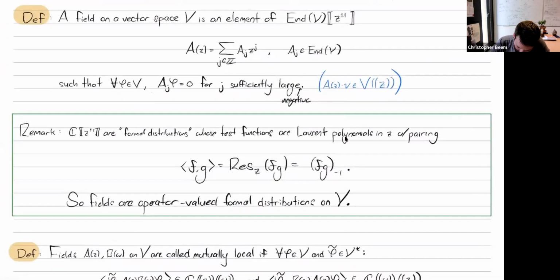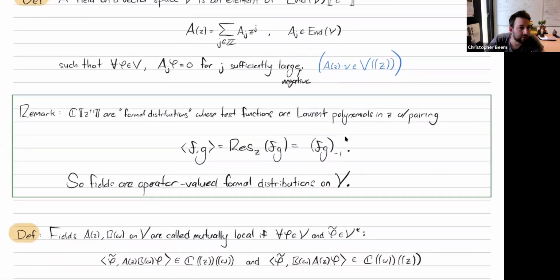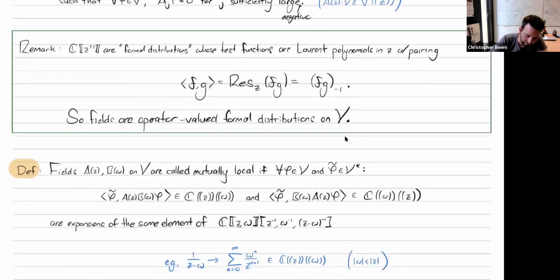Okay. So just as a small remark to observe some spiritual kinship with the careful analysis from Slava's talks, you can think of elements of these formal series in Z and Z inverse as formal distributions whose test functions are Laurent polynomials in Z. So if you're given a Laurent polynomial in Z, so that's bounded below and above in powers of Z, then you can define a pairing between these infinite things and the finite things that's called the residue pairing, where you multiply them together.